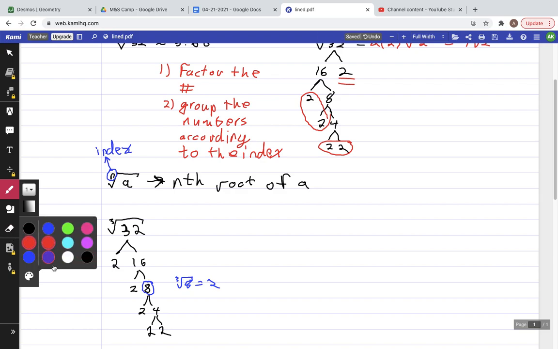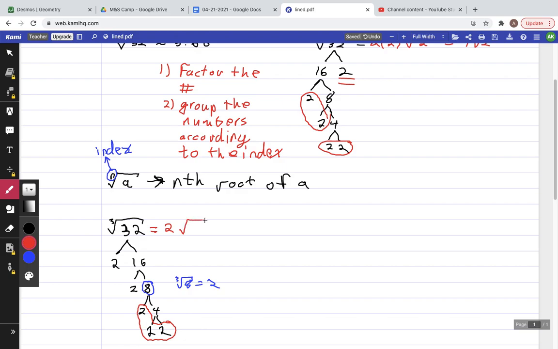So, I now need to look for groups of 3, because my index is 3. There is a group of 3. Okay, so what that tells me is I can write a 2 outside of my radical. Now, I don't have another group of 3.